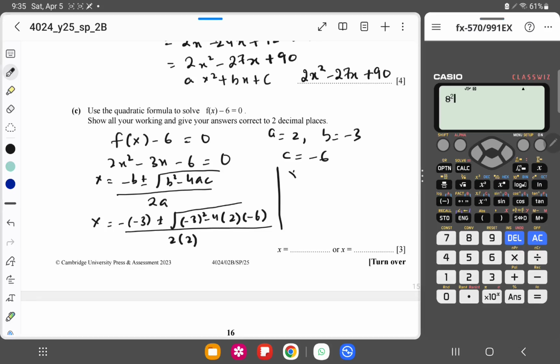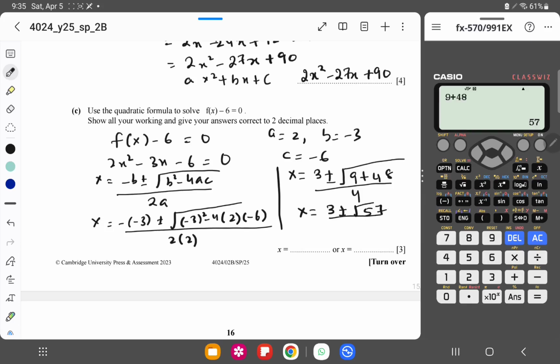First I write down x equals 3 plus or minus square root of 3 squared, 9, plus 48, over 4. So that is x equals 3 plus or minus square root of 57 over 4.